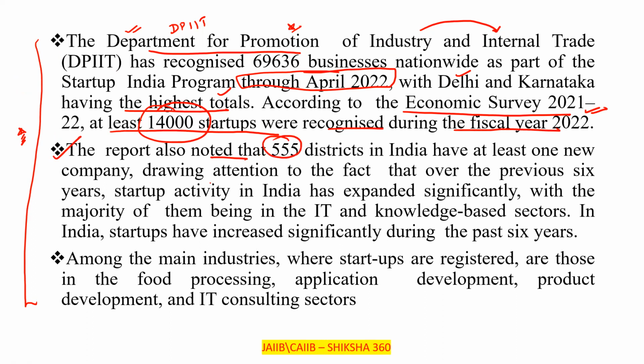The report also noted that 555 districts in India have at least one new company, drawing attention to the fact that over the previous 6 years, startup activity in India has expanded significantly, with the majority of them being in the IT and knowledge-based sectors.